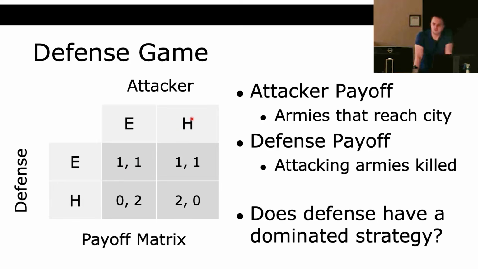If the attacker chooses hard, then if we choose easy as the defender, we kill 1 army because we've chosen incorrectly, but one of their armies died on the way. Okay, so that's still just a 1. But if we also choose hard, then both of the attacker's armies get defeated. So does defense have a dominated strategy? Well, in the first case, easy was better. In the second case, hard was better. So no, defense does not have a dominated strategy.